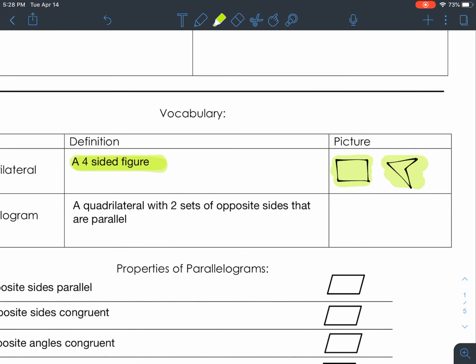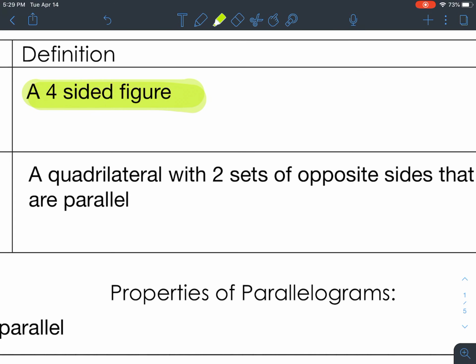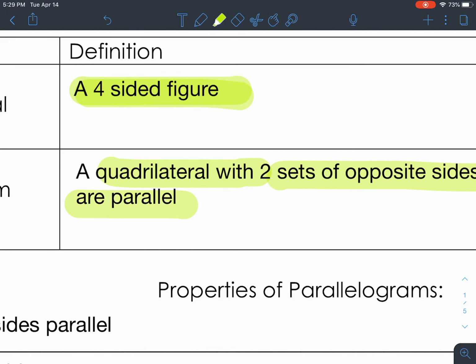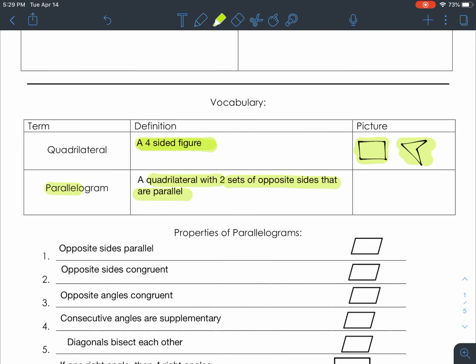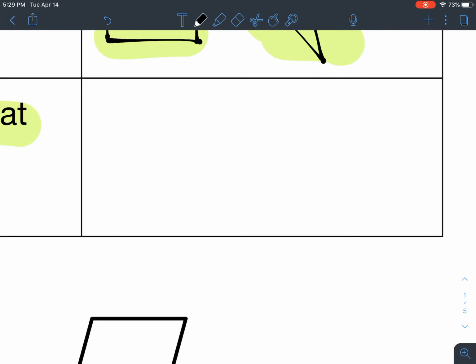Now, we're going to focus in on the different types of quadrilaterals, and this entire lesson is specifically about parallelograms. A parallelogram is a quadrilateral with two sets of opposite sides that are parallel, hence parallelogram. What a parallelogram looks like is a slanted rectangle, so that's the way we're going to draw it.